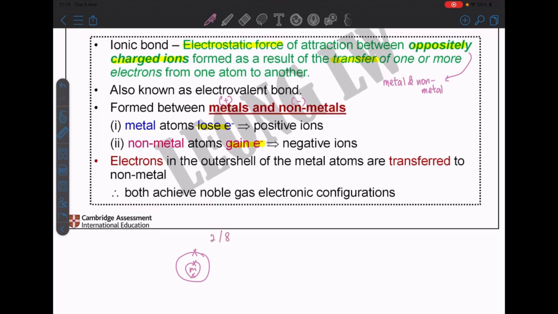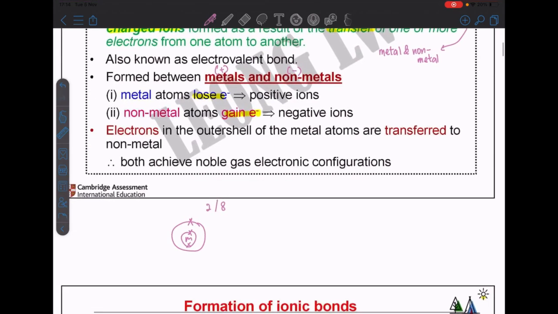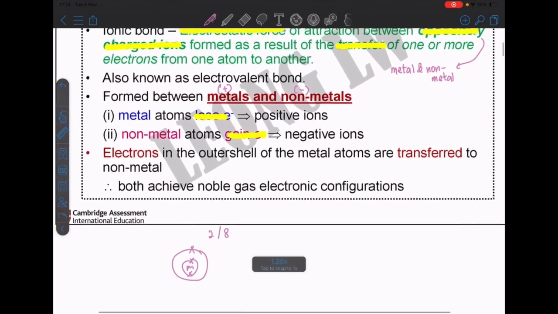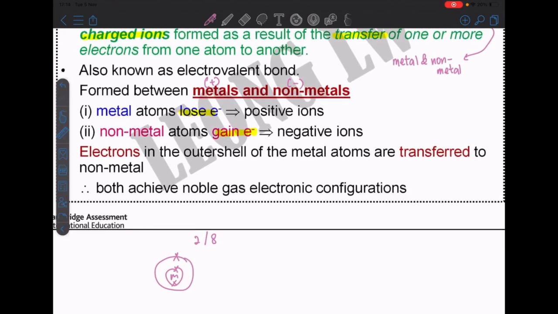So let's see, for this example, there's three atomic numbers for this metal, and for the non-metal there would be 3, 4, 5, 6, 7, 8, 9.